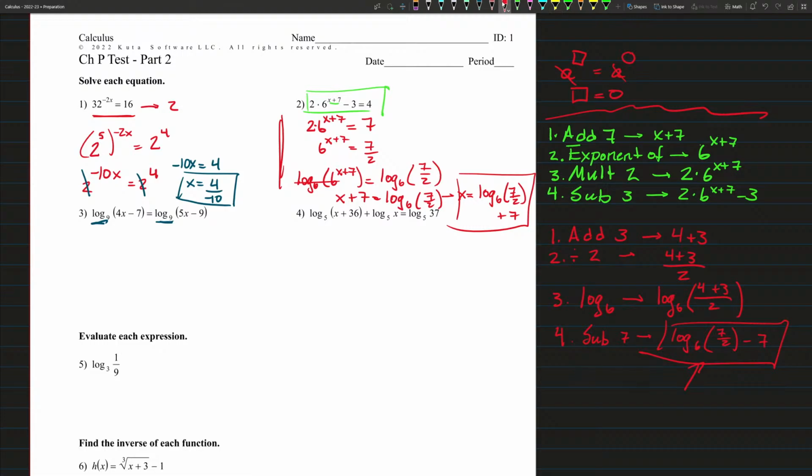So if log base 5 of A is equal to log base 5 of B, we can just say that A is equal to B. That's exactly what we have on number 3. So we have 4x minus 7 is equal to 5x minus 9. We subtract 4x over and add 9, and we get our answer.